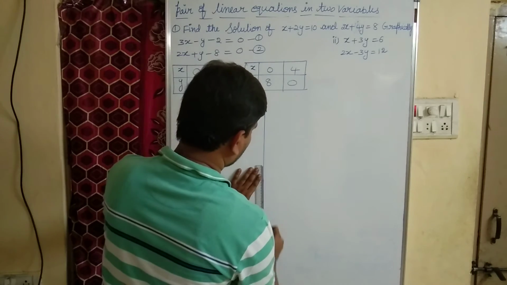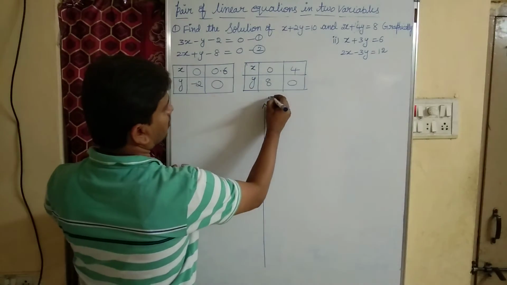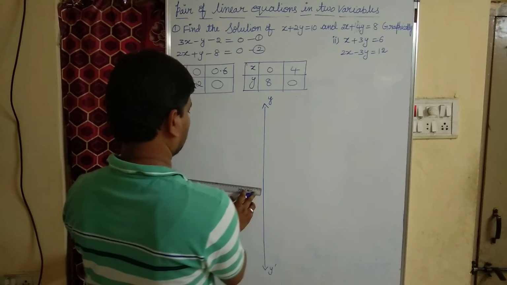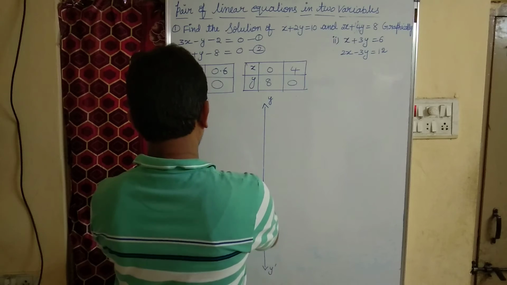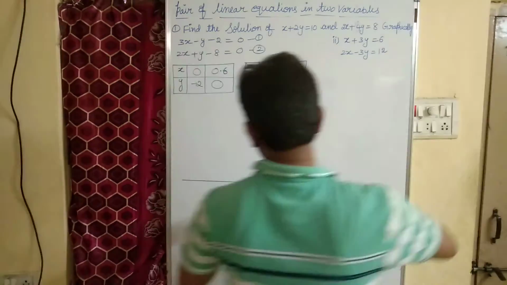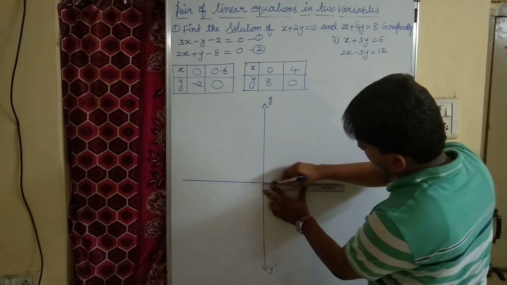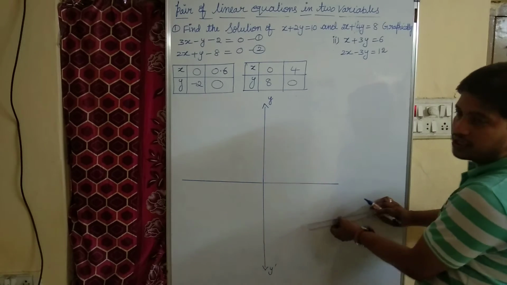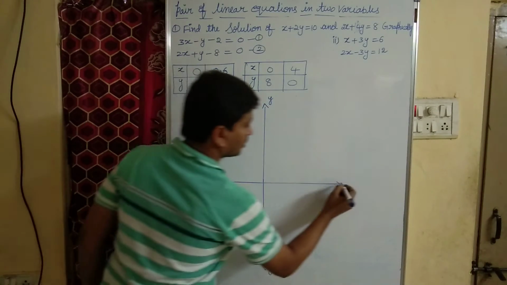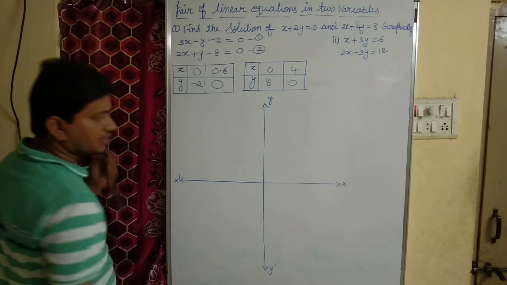This vertical line is called the y-axis, and this horizontal line is called the x-axis. This is x dash, y dash.